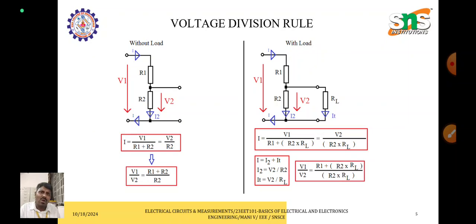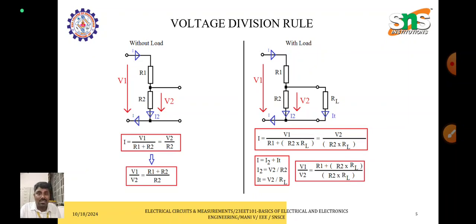Okay, and what does the voltage division rule denote? The voltage division rule applies with load as well as without load, whatever it may be. It is used to determine the voltage across a resistor, whether across R1 or R2 or any other specific resistance.